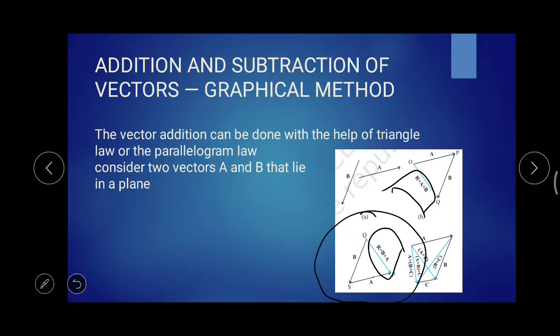The next figure is also representing the summation, but instead of two vectors they have considered three vectors A, B and C. If you want to find the sum of A and B, you connect the tail of A with the head of B. If you want to find A, B and C, then you connect from A to C, and in between the head of A is connected to the tail of B, and the head of B is connected to the tail of C. Likewise, you can find the sum of three vectors or two vectors this way.